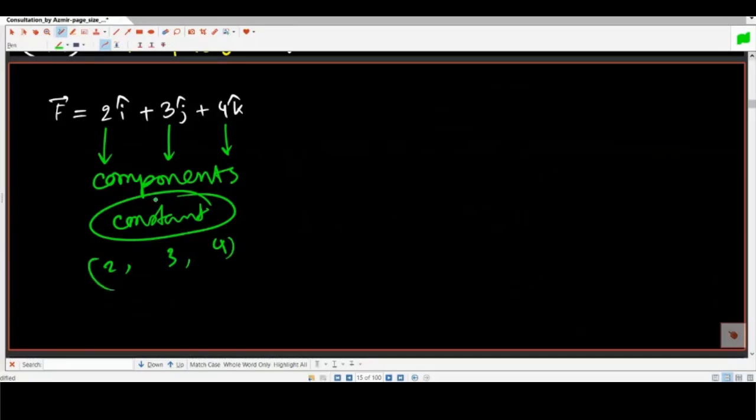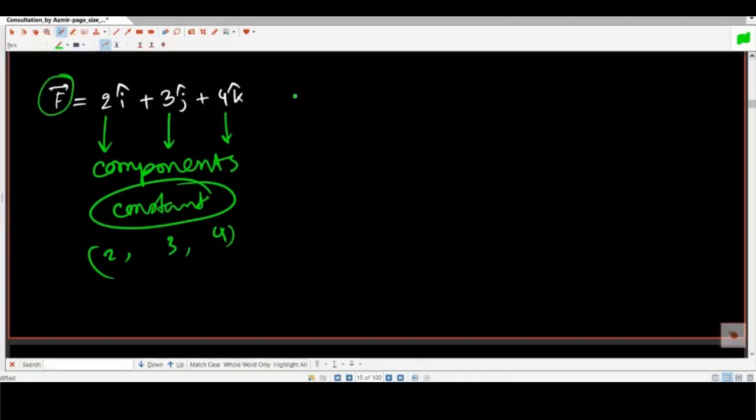So 2, 3, 4 is the point, that is the vector. But now we are going to extend our idea. That is, instead of constant components, we may have components as function.